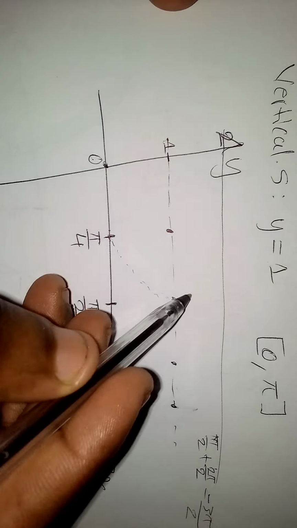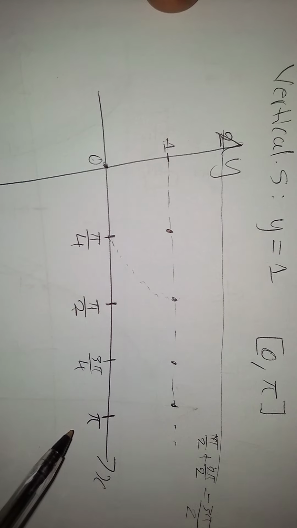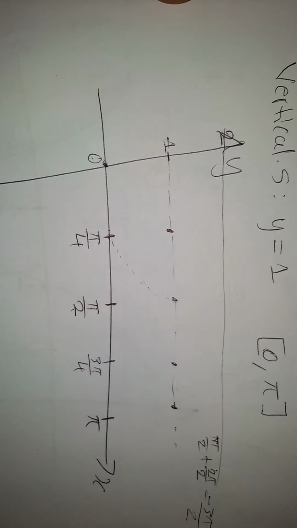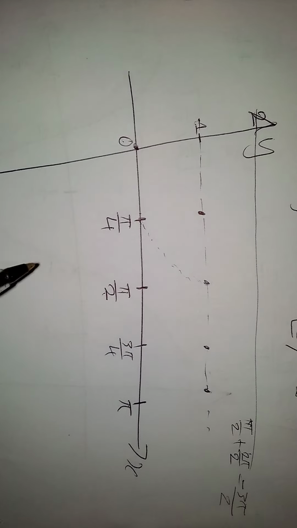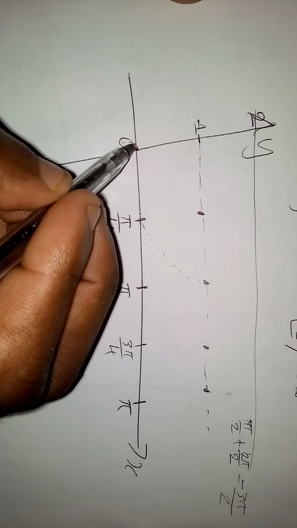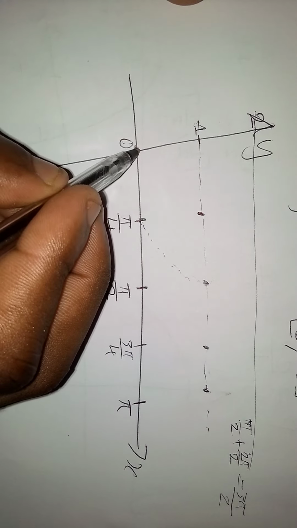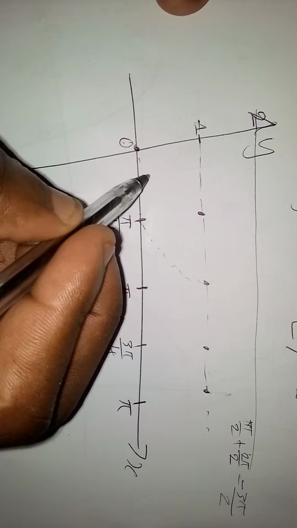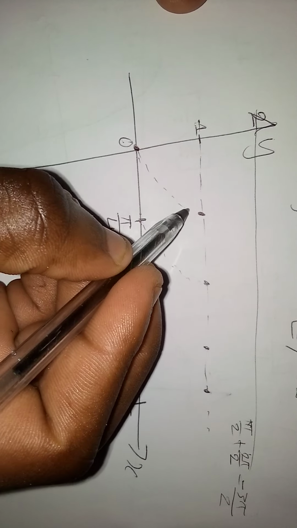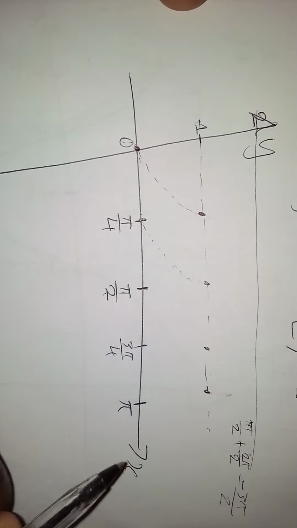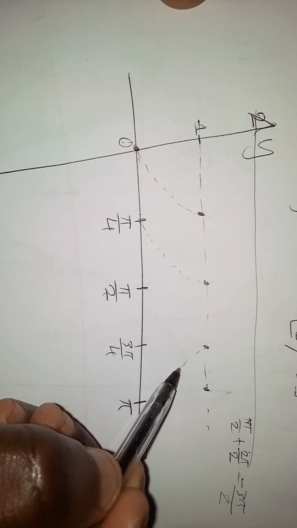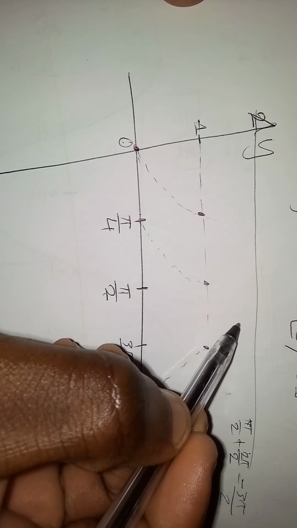This is the first quarter, and it has no phase shift, so it starts from here, passes through the first quarter and the last quarter here. It was supposed to move like this.